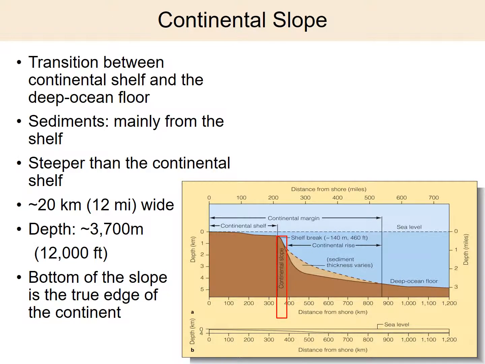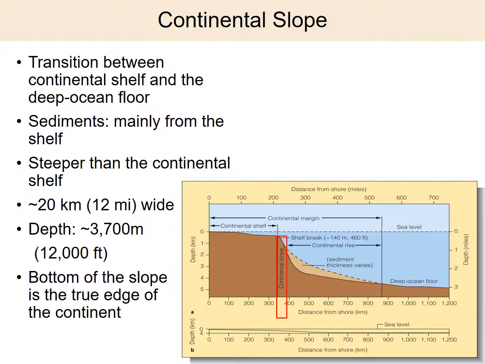Let's look at the continental slope. On the diagram in the lower right, I put the red box around the continental slope to make it easier for you to locate. The continental slope is the transition between continental shelf and the deep ocean floor. The sediments that accumulate on the continental slope are mainly from the continental shelf.